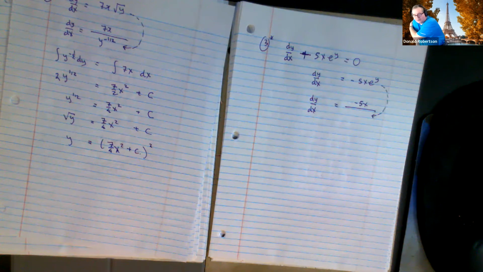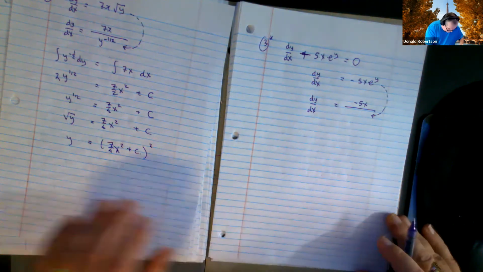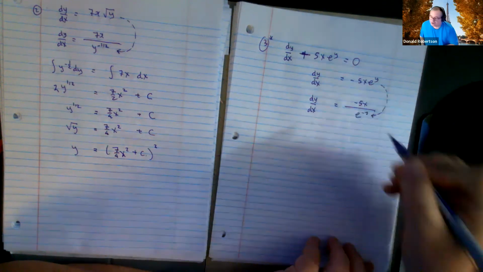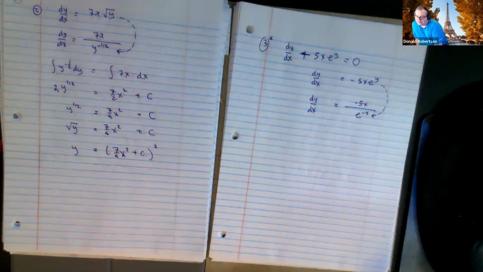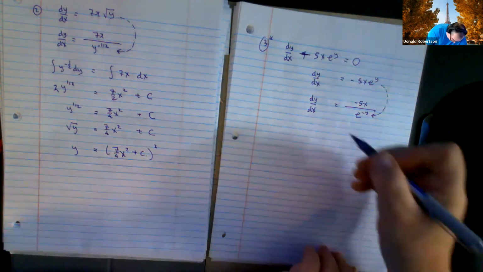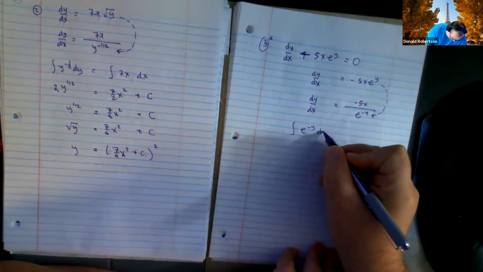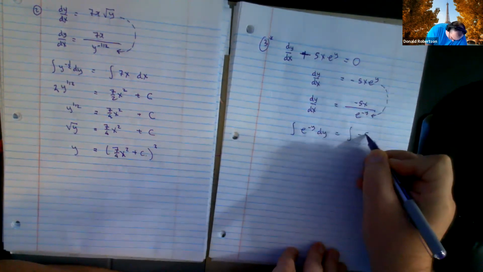So think of the format that's going to make it easier to integrate. So what will the e to the y become? Would it be e to the negative y? Correct. Wouldn't 1 over e to the y not be very helpful if you want to integrate something, right? And if you get it wrong, you'll figure it out on the next line when you think, ugh, I don't like the way that's written. You can fix it then.